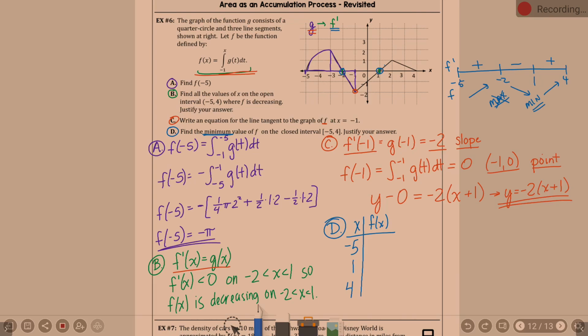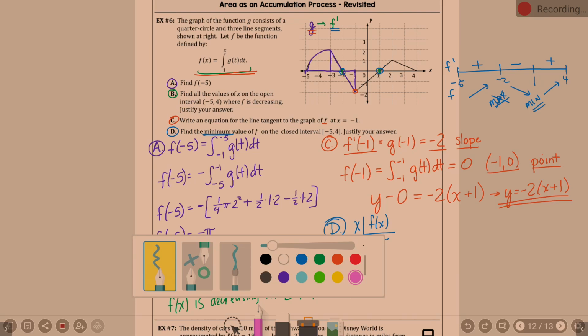Yeah. Okay. So now, do we know any of these? We know f of -5. Yes, it is -pi. I don't think we know f of 1 or f of 4, do we? We know f of -1, but not past that. So f of 1, trying to think.